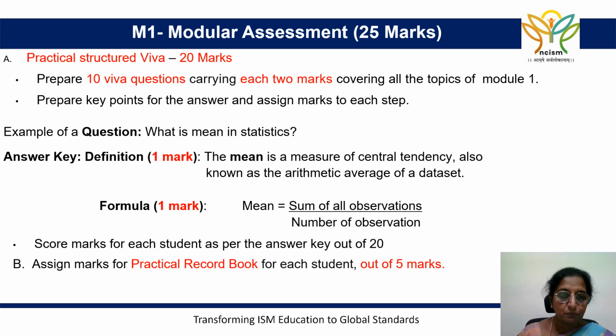The answer key would be, for definition, 1 mark: the mean is a measure of central tendency, also known as the arithmetic average of the data set. Formula, 1 mark: mean is equal to the sum of all observations divided by the number of observations. Score marks for each student as per the answer key out of 20. Assign marks for practical record book for each student out of 5 marks.